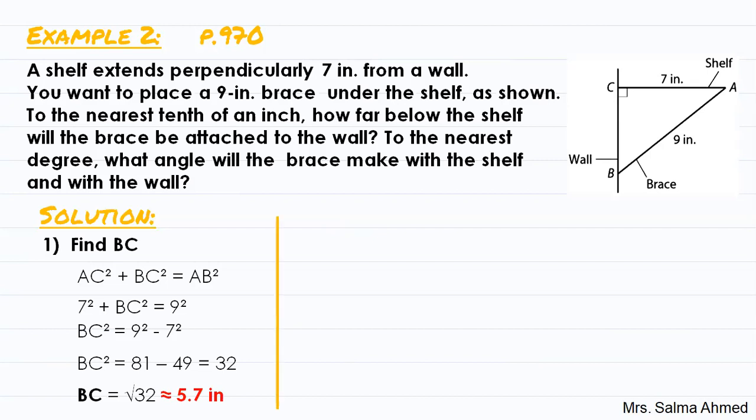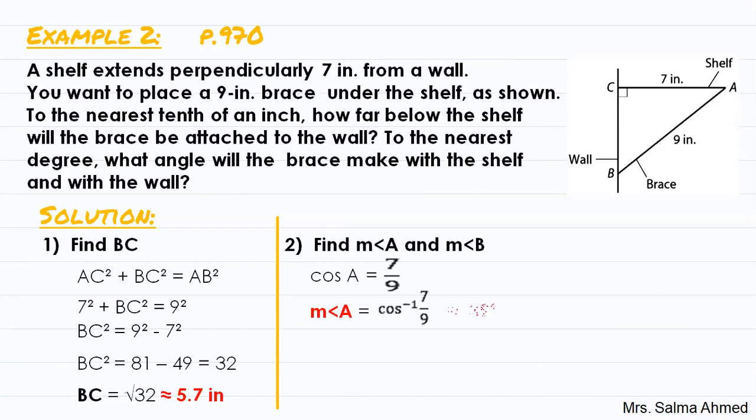Now we are going to move to get the two angles, measure of angle A and measure of angle B. So I'm going to choose this relation, which is I'm going to use cosine angle A to give me adjacent over hypotenuse. So here it will be 7/9. To get measure of angle A, it will be inverse cosine 7/9, which is by calculator, it will be 39 degrees to the nearest degree.